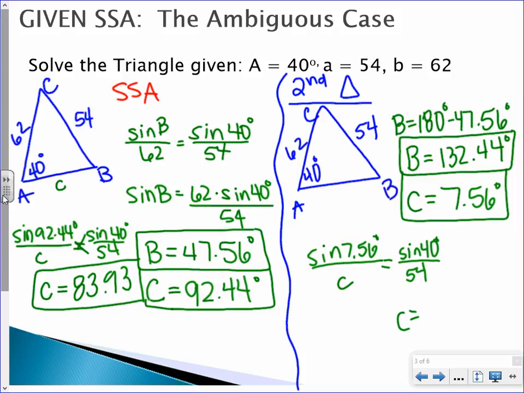Which should give us a significantly smaller side because it's across from a very, very small angle compared to the rest. Okay, so what do we get? 06, you said? 05 or 06? It says 5.